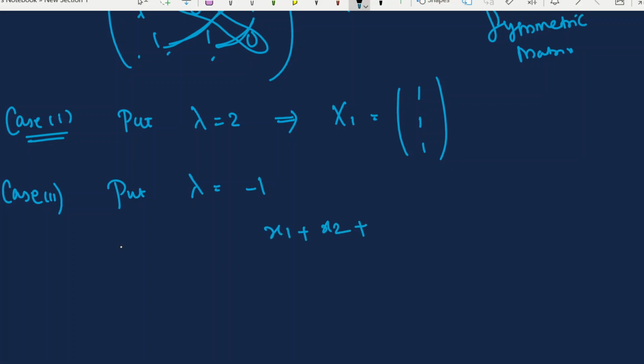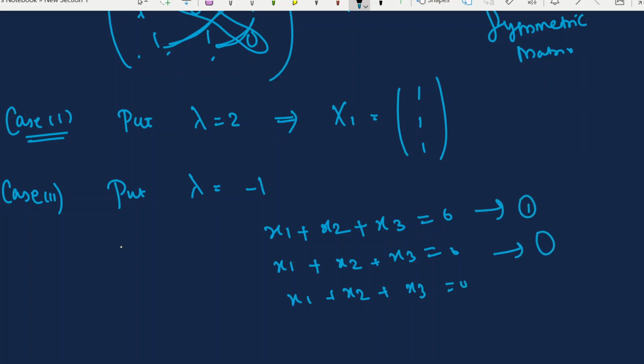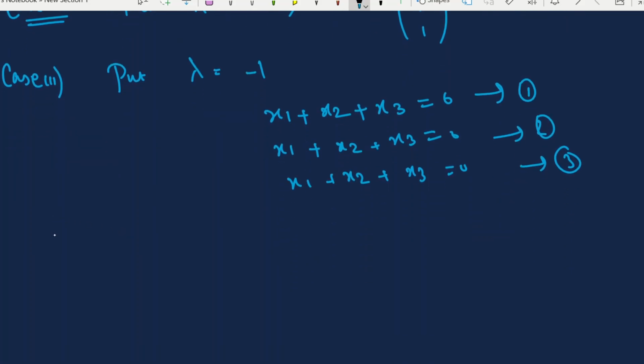When eigenvalues are repeated, we will be getting the same equations only. So x1 plus x2 plus x3 is equal to 0, again x1 plus x2 plus x3 is equal to 0, and again x1 plus x2 plus x3 is equal to 0. For case 2, this is 1, this is 2 and this is 3. So here all the equations are the same.